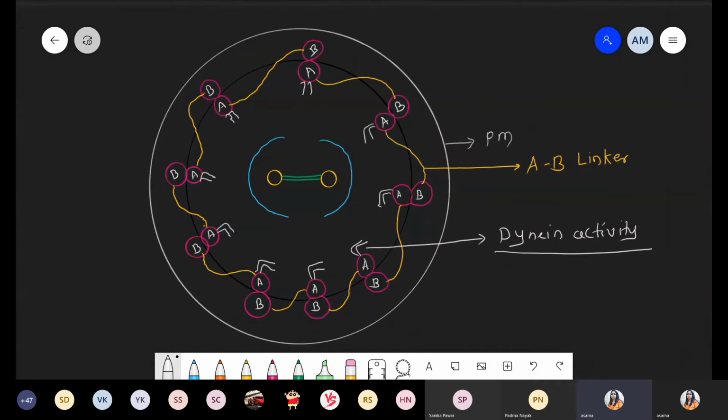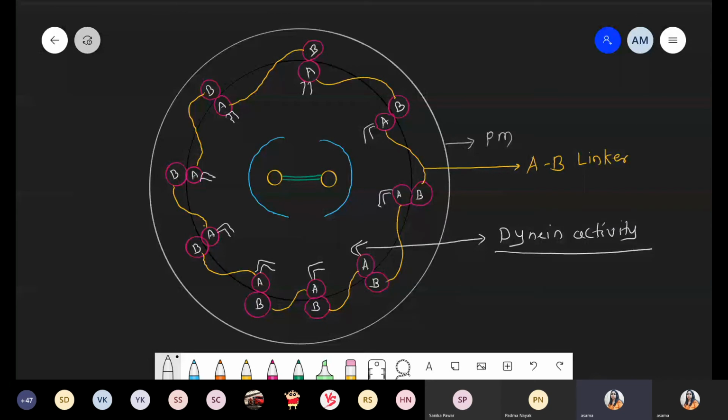Now what is the function of dynein? Once ATP is available, the dynein protein uses that ATP and starts moving in a circular manner, because dynein is attached to A, it is attached to B, and all the AB get attached with each other. जिस तरह से wheel का structure होता है, in that wheel there is a hub at the center and so many spokes attach with each other, and now that entire wheel starts moving. The same situation is present with flagella and cilia.